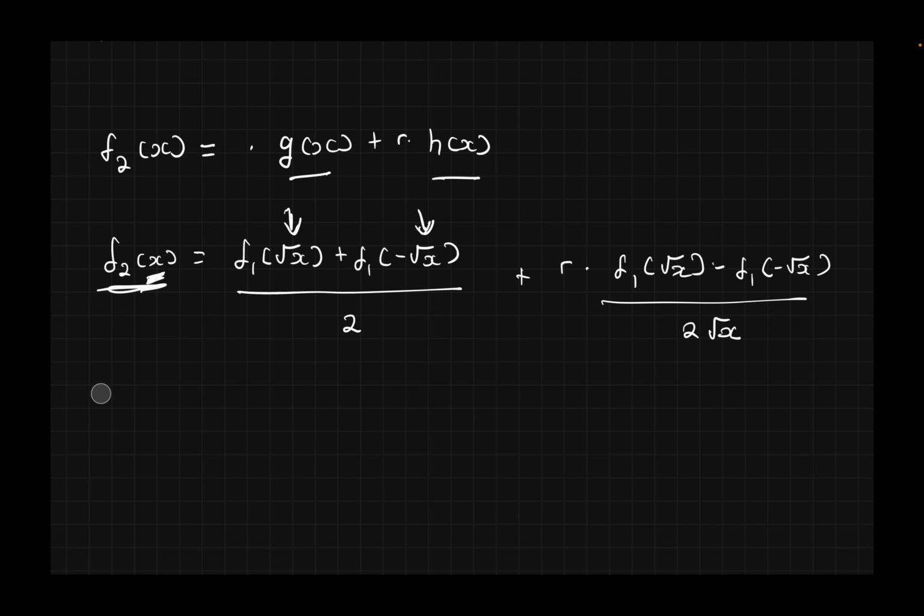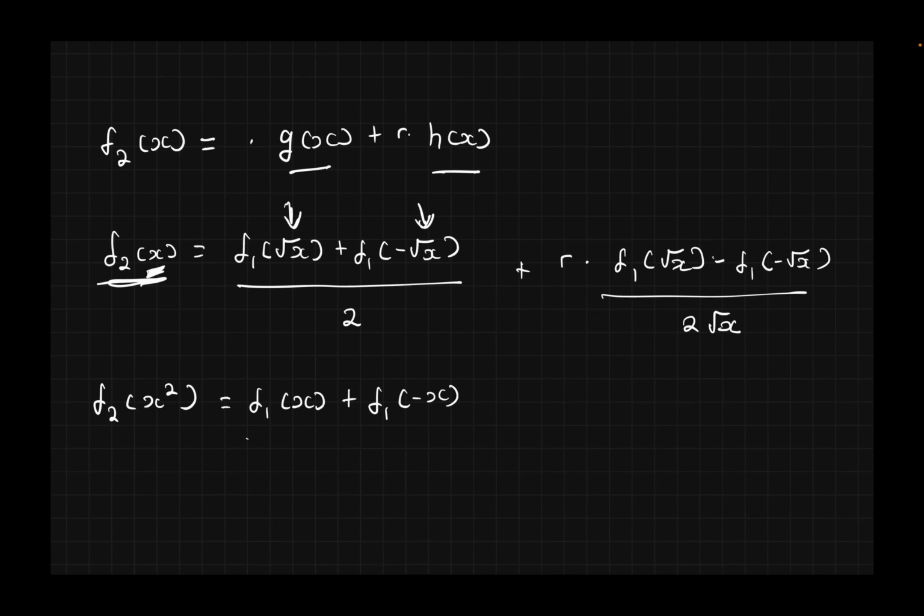You can say f2 of x squared now, not f2 of x, is going to be equal to f1 of x plus f1 of minus x plus r times. They're exactly the same thing. It's just the view, but they're exactly the same thing.